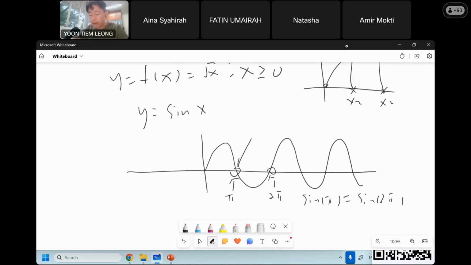So with x1 equal to pi and x2 equal to 2 pi, two different values of x give you the same value of 0. So the sine function on its natural domain is not a one-to-one function.